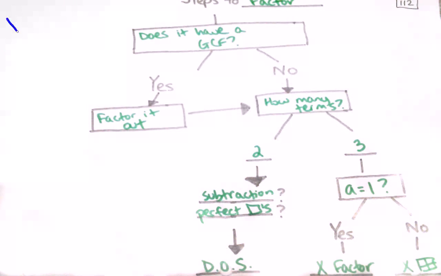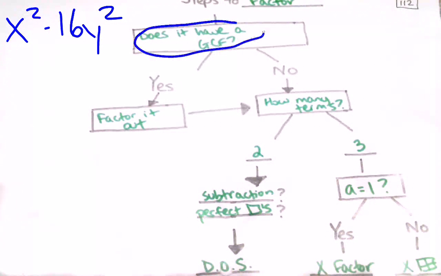My next one, x squared minus 16 y squared. Do I have a GCF? I only have 1 and 16 for my numbers, so that's not going to work, and I don't have the same variable in both, so I would say no. How many terms do I have? 2. Do I have subtraction?